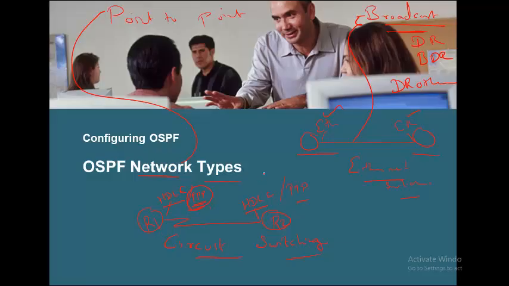You have seen this, we even did a lab. We have another 5 network types, which we are going to cover in this chapter. Do you have any questions on this?